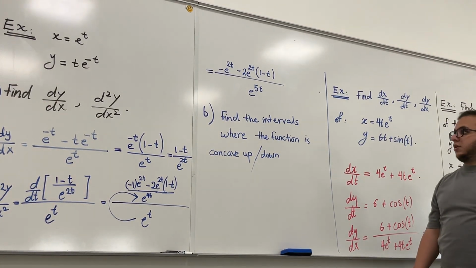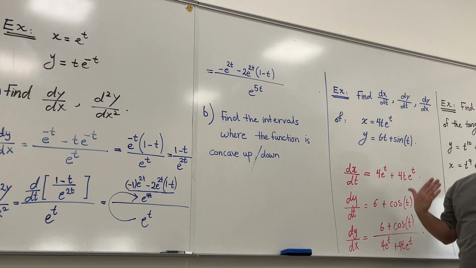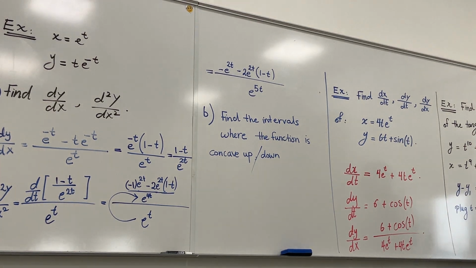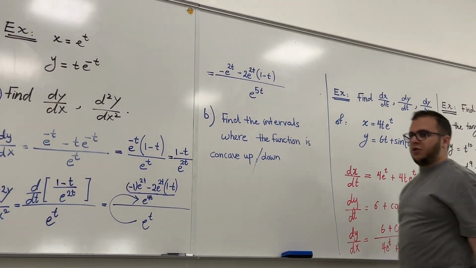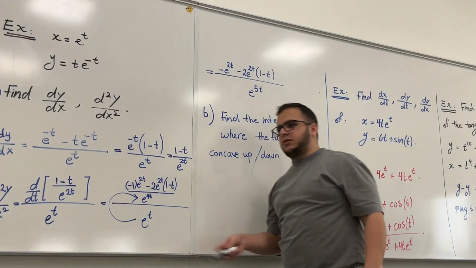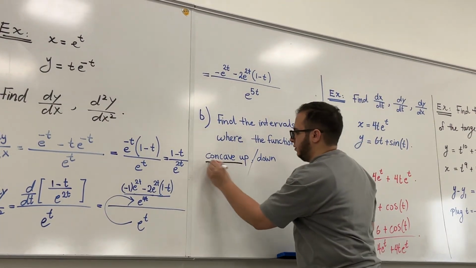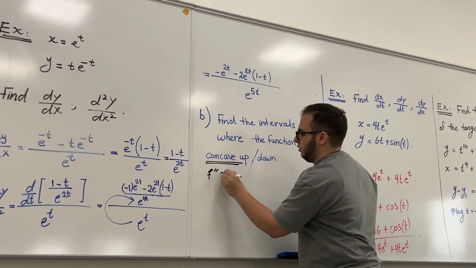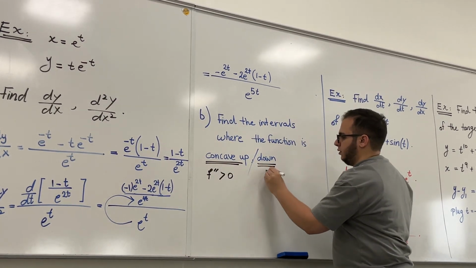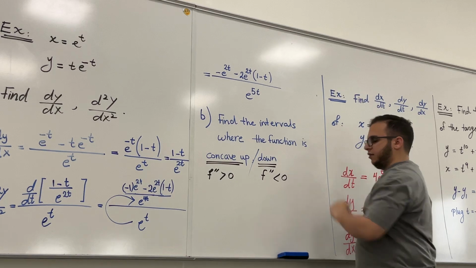Okay? So go back to calculus 1. When is a function concave up and when is it concave down? It's concave up when the second derivative is positive, and concave down when the second derivative is negative, right?